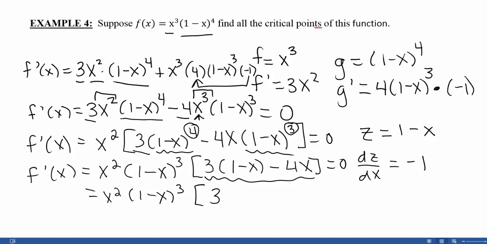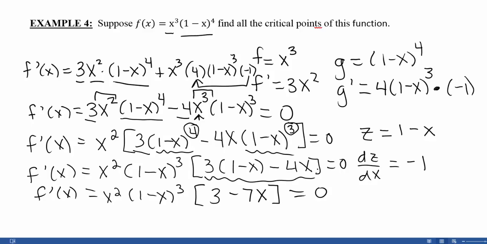So that's going to give me a negative 3x. But then I still have the minus 4x. So negative 3x minus 4x is going to give me minus 7x. So now my derivative is fully factored and fully simplified as much as I can.